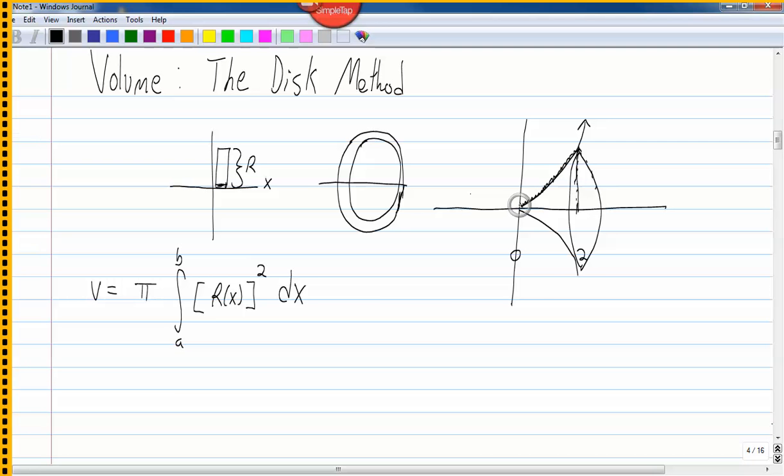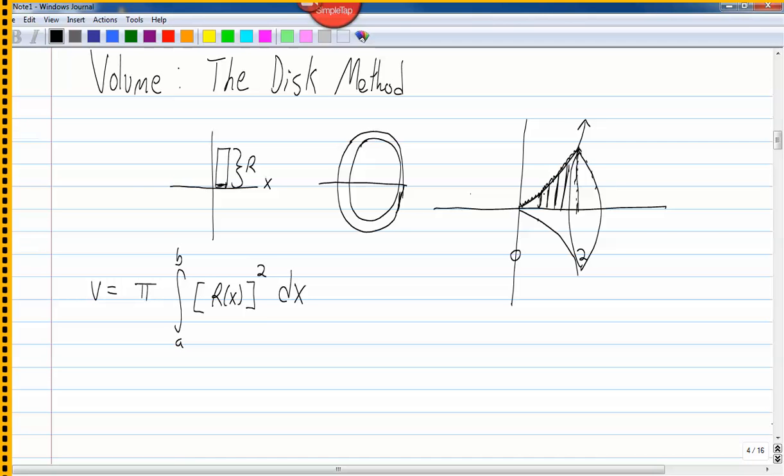If I'm right here at 0, there's no radius. It's 0. But if I'm, say, right here, here's the radius, right there. That's the radius halfway between here and here. Right here, here's the radius. Right here, here's the radius. Right here, here's the radius.